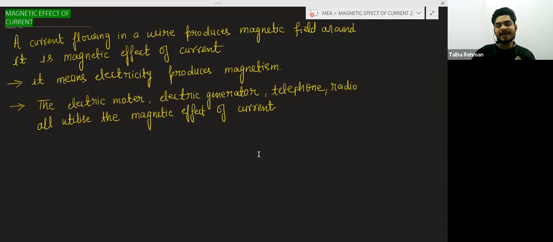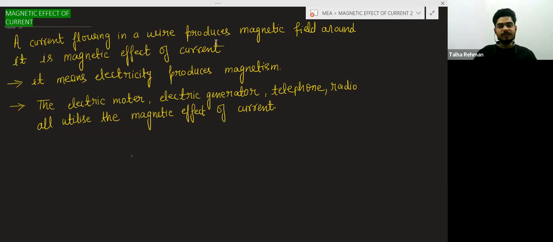So the next topic is the magnetic effect of current. Magnetic effect of current means that due to the current there will be a magnetic field. Due to current there is a magnetic field, known as the magnetic effect of current. Or you can define it another way: current means electricity, magnetic field means magnetism, so electricity can produce magnetism.